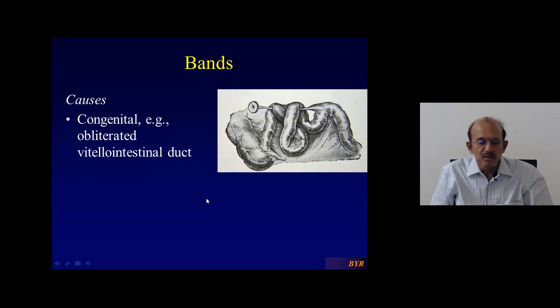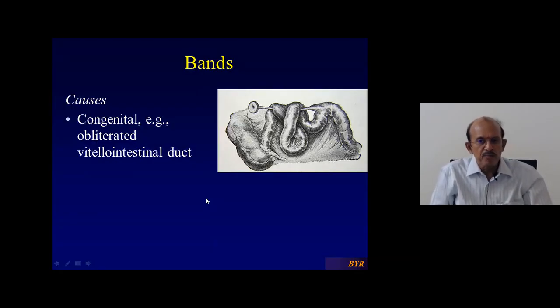Okay, one is Meckel's diverticulum, the second is raspberry tumor, the third anomaly is a cyst. Fourth anomaly, total patent vitelline intestinal duct with fecal fistula. Yes, fecal fistula.